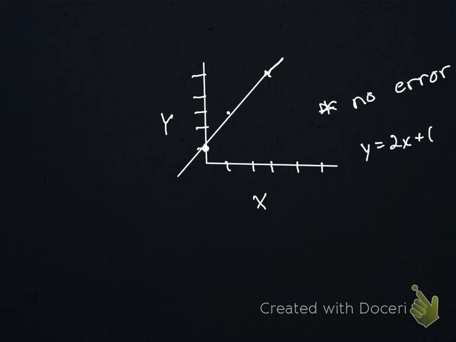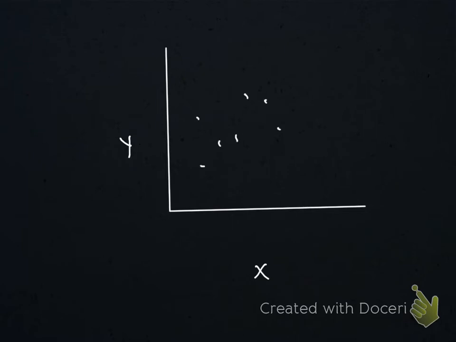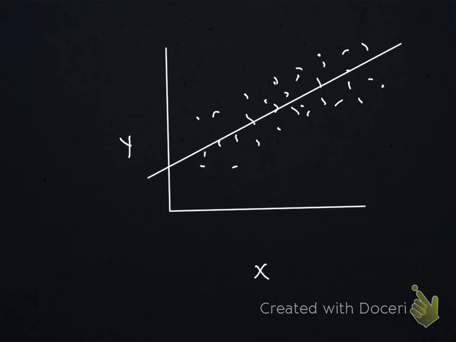When we talk about a regression line, however, this is going to represent our statistical relationship between two variables. So it's going to operate, as we alluded to earlier in this presentation, on a scatter plot. So here we're going to have all of our different people represented as points once again. And based on what we calculate for our intercept and our slope, we're going to produce this line.